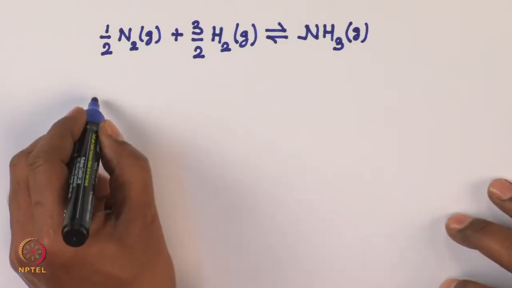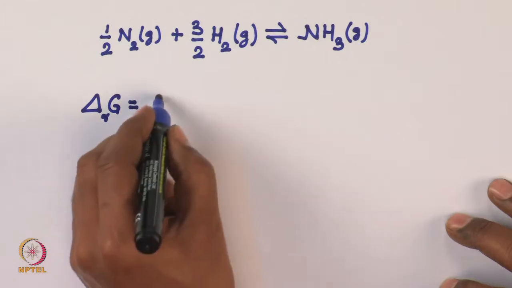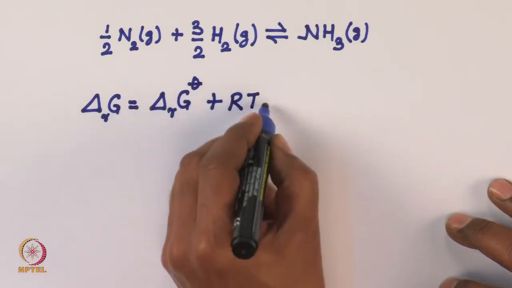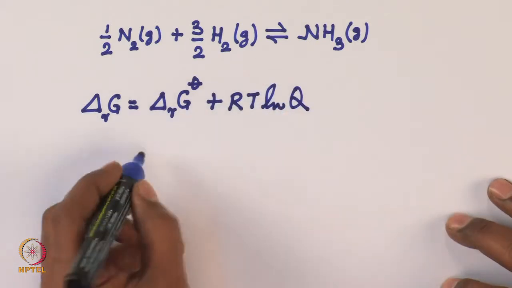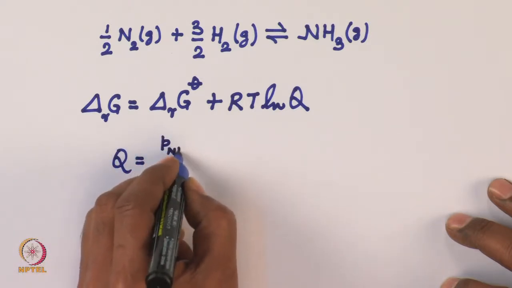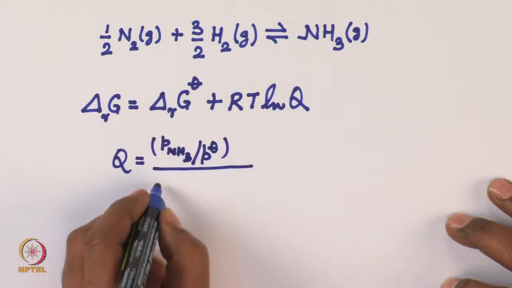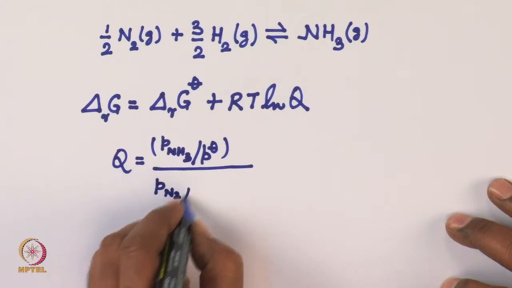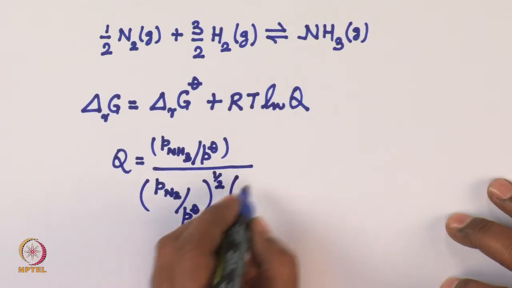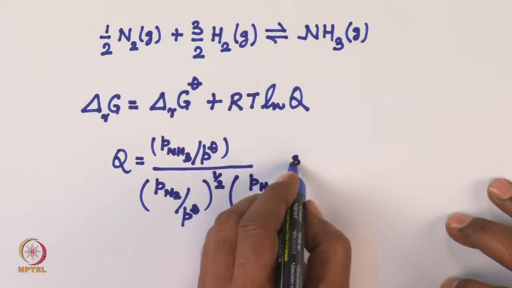For this reaction, I can write reaction Gibbs energy is equal to delta R G naught plus RT log Q, and Q will be equal to partial pressure of NH3 by P naught, divided by partial pressure of nitrogen by P naught raised to the power 1 by 2, into partial pressure of hydrogen by P naught raised to the power 3 by 2.